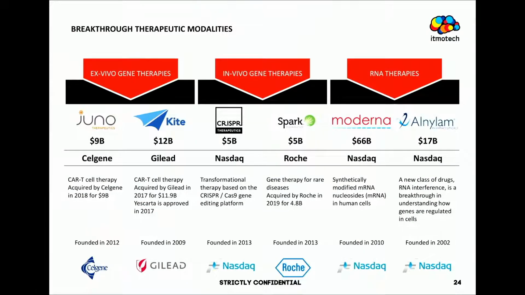Gene therapies are categorized as ex vivo gene therapies and in vivo gene therapies, and then there are RNA therapies. You know that everything within a human, within actually any living creature, is coded in the DNA. And its structure is the same in a banana, the same in bacteria, the same in human beings.